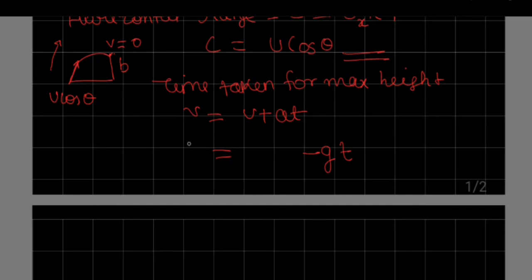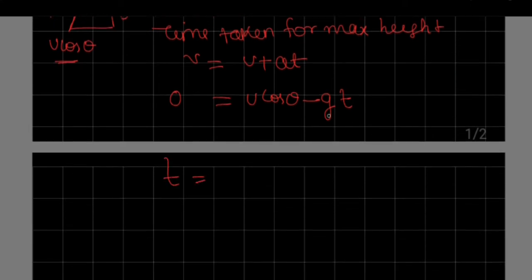Then your v, because it is the final velocity, would be 0. Your initial velocity would be u cos theta. So time for ascent only would be, if you take gt to the left hand side, u cos theta by g, right?